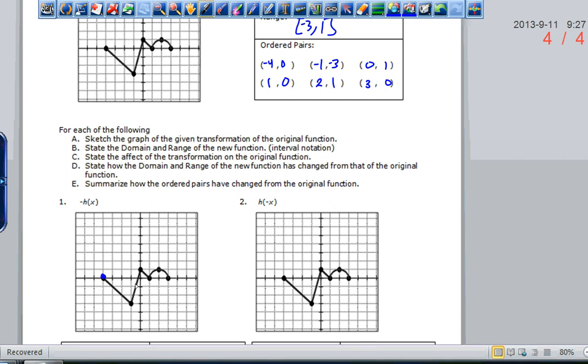Instead of being at negative 1, negative 3, now it's at negative 1, positive 3. Coming at 0, 1, now it's at 0, negative 1. Did my 1, 0 point change at all? No. Just reflecting it. That's all we're doing here.